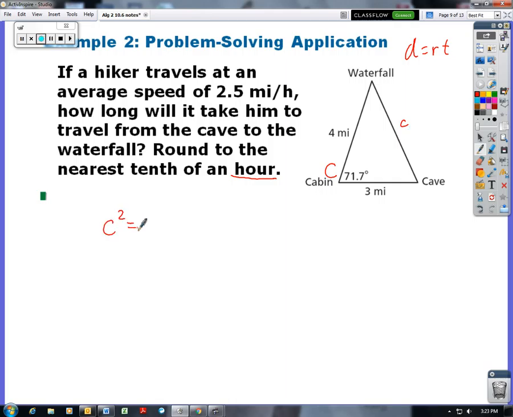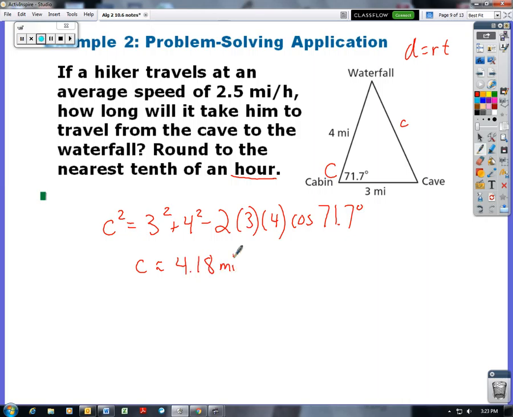That's going to be c squared equals 3 squared plus 4 squared minus 2 times 3 times 4 times cosine of angle C. See how easy that is? Type that all in the calculator and take the square root. I am going to check it on my notes to save time. It looks like I got 4.18 miles. All right.